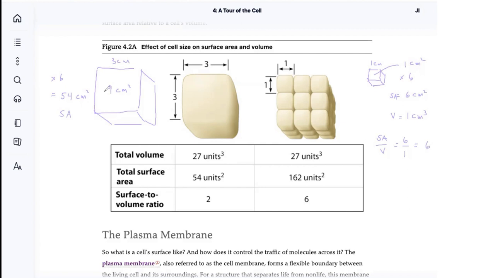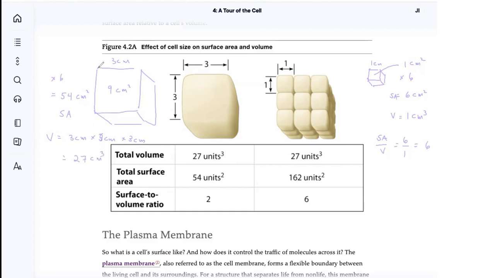Okay. Now, in the bigger cell, right, the volume is going to equal 3 centimeters times 3 centimeters times 3 centimeters. And that's going to give us a total of 27 centimeters cubed.